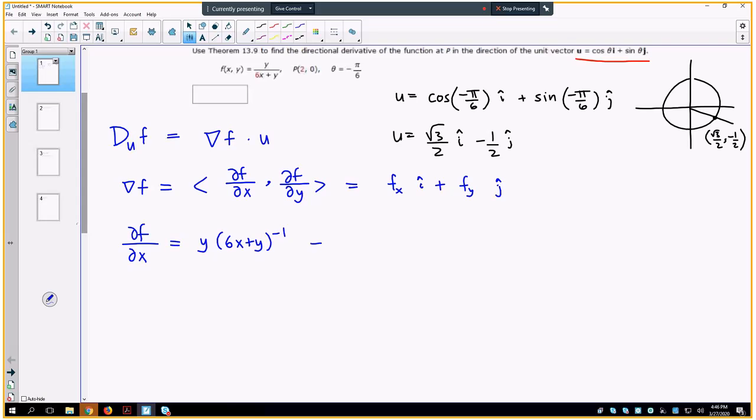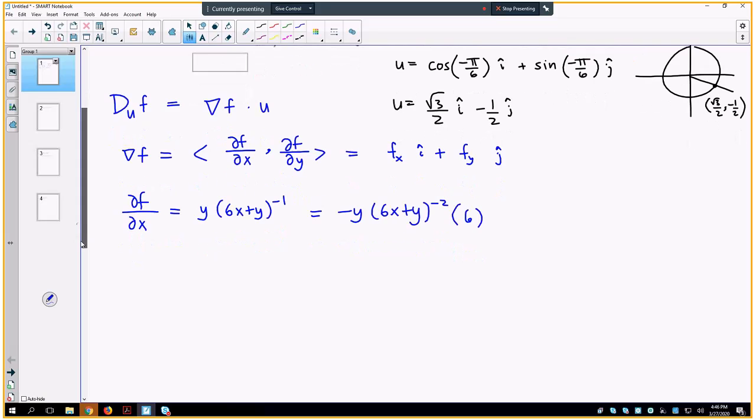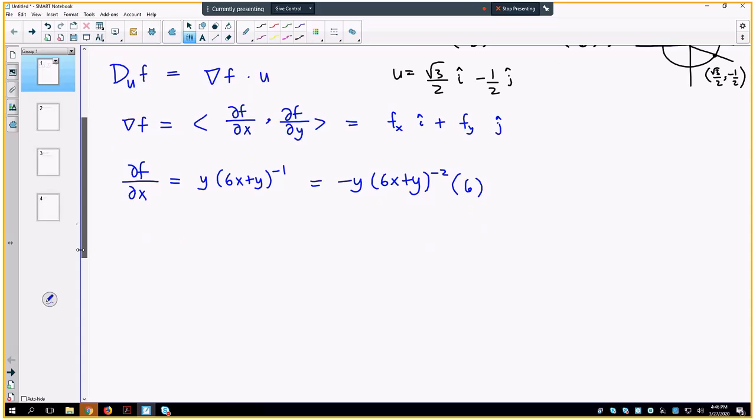So that's going to be minus y times 6x plus y to the minus 2, and then I need to multiply by the derivative of the inside, which is 6. So that's going to be minus 6y over 6x plus y whole squared. Now, of course, that's not the only way to find this derivative, but I like that way.